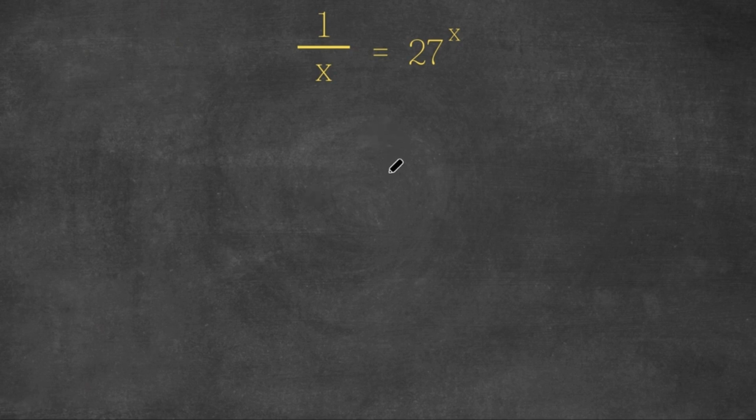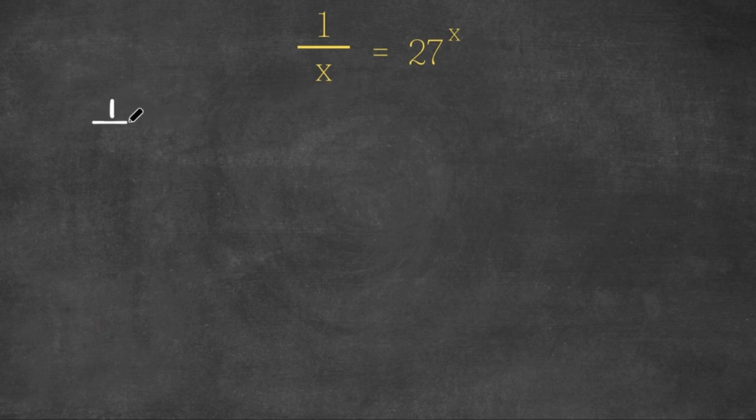In today's video, I'm going to be teaching you how to solve this exponential equation. So we have 1 divided by x is equal to 27 to the power of x. Now, what I'm first going to do is take the power of 1 over x on both sides.